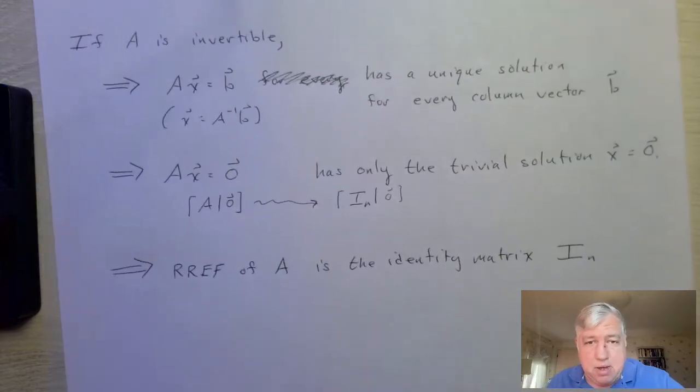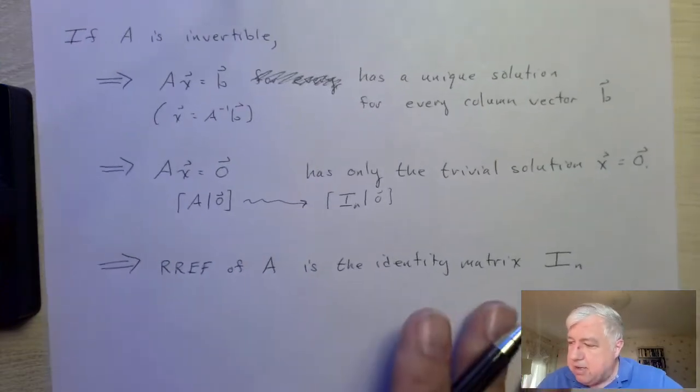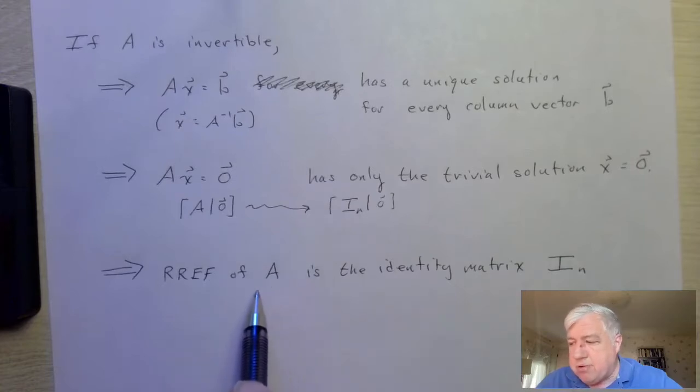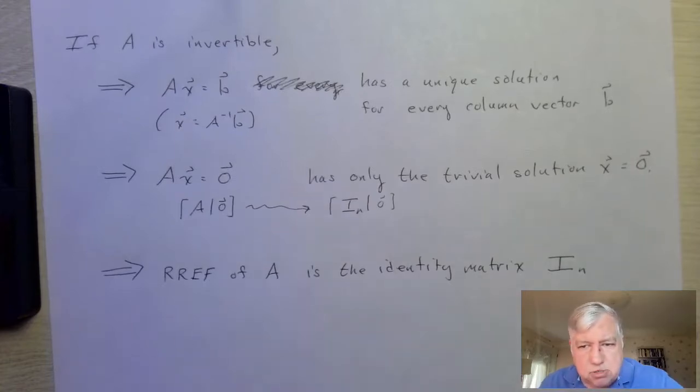When you think about this, if you have an n by n matrix, the reduced row echelon form is going to be a square matrix with n columns. If all of those columns are pivot columns, then the only possible reduced row echelon form is the identity matrix.